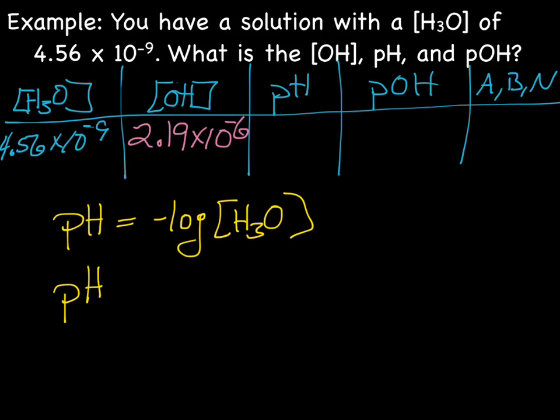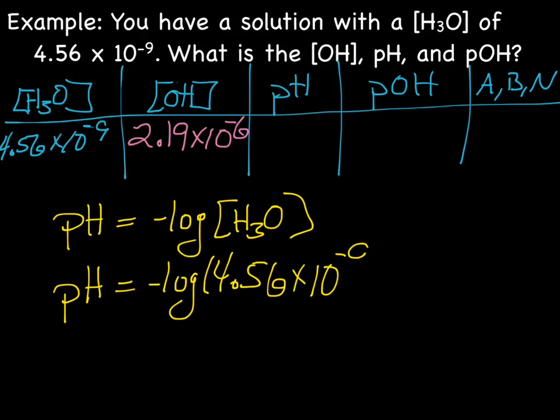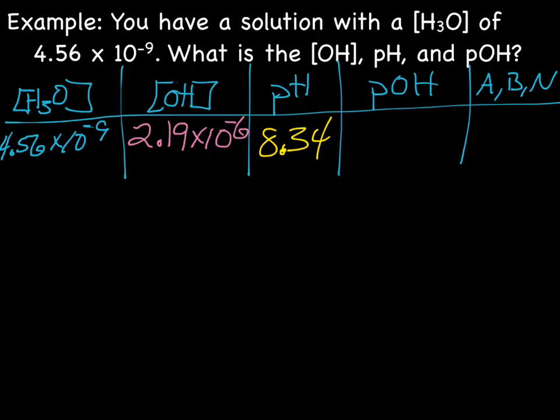So pH equals negative log of 4.56 times 10 to the negative 9th, which gives us 8.34 because of sig figs. So our pH is 8.34. Now let's see if we can solve for pOH.